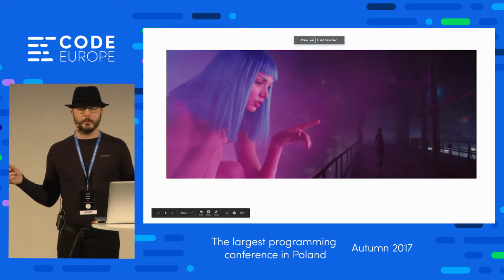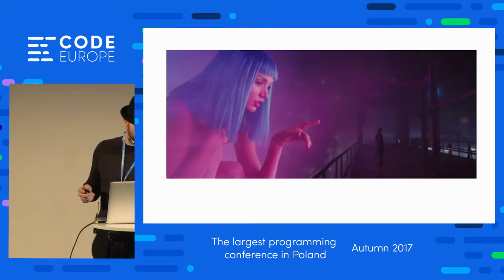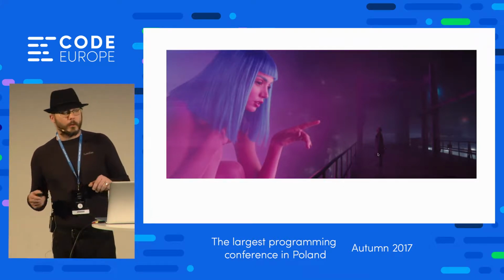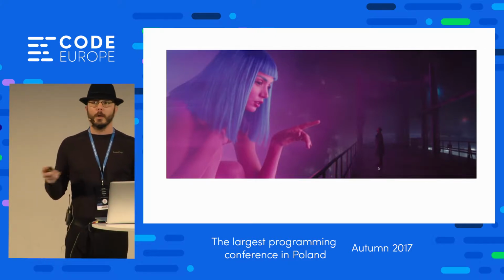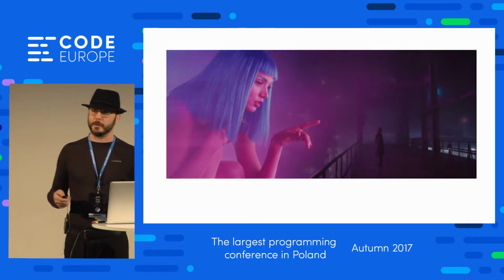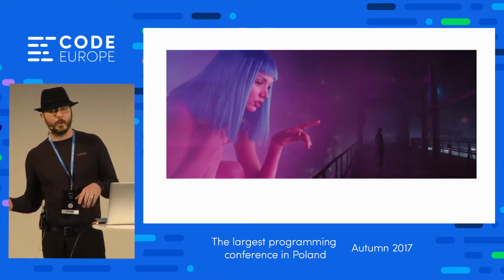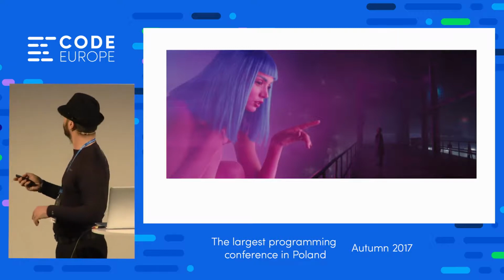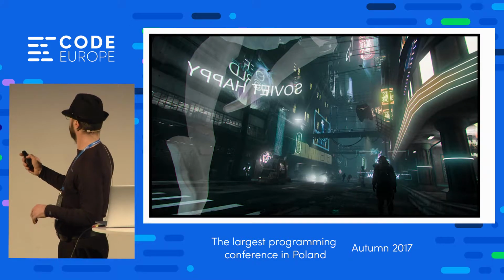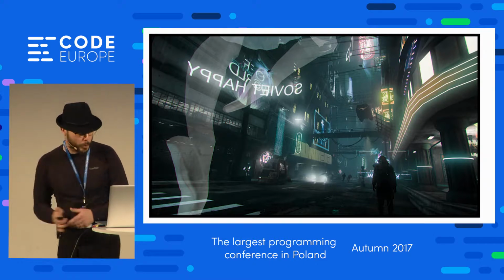So first, what is augmented reality? A picture is better than words, so let's see how Hollywood movies see augmented reality with some examples in Blade Runner. Here, I don't know if I have some laser. Okay, probably not a good idea.